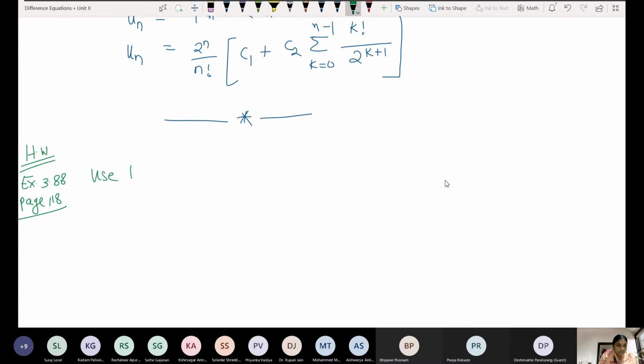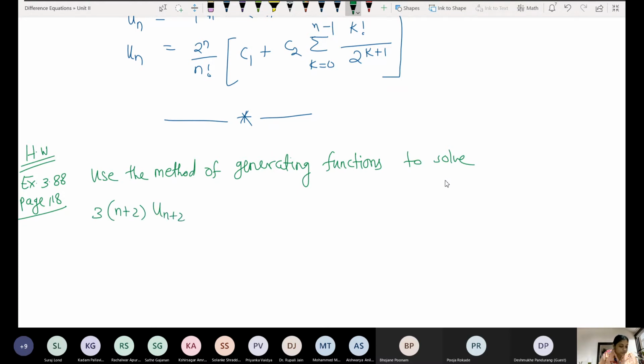Use the method of generating functions to solve the difference equation 3 times n plus 2 un plus 2 minus 3n plus 4 un plus 1 plus un is equal to 0, if u0 is equal to 3 times u1. In the previous example we have taken u0 is equal to 2 times u1.